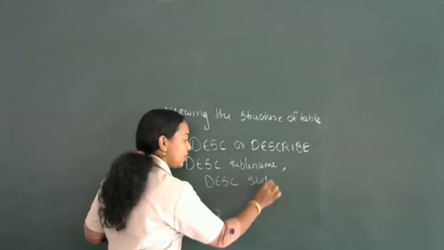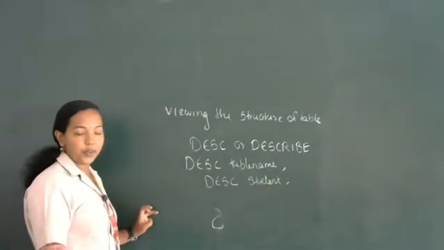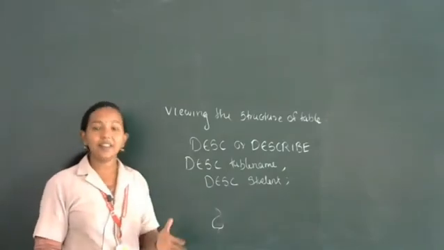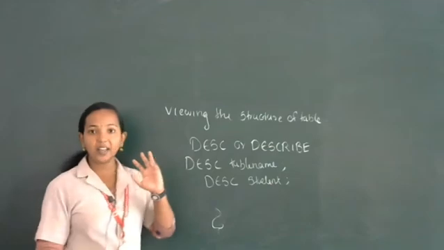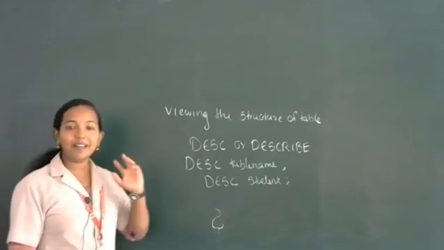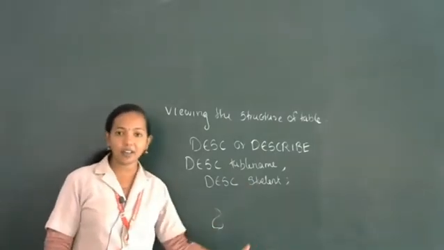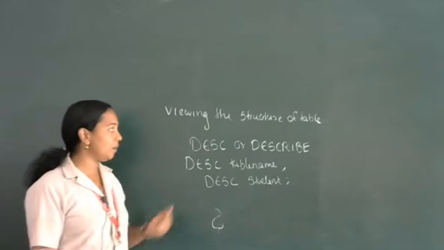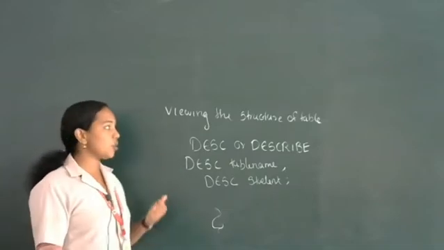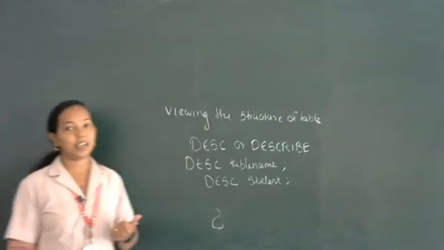DESC student. When we write DESC student, we will get a screen that contains the corresponding column names for the student, like the admission number, name of the student, all that will come in the first column. In the second column, the corresponding data types also will come. To view the structure of a table, we use the DESC or describe command.